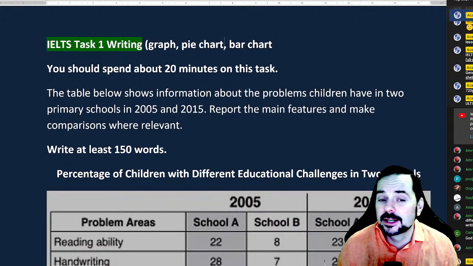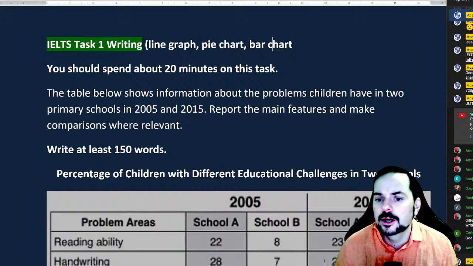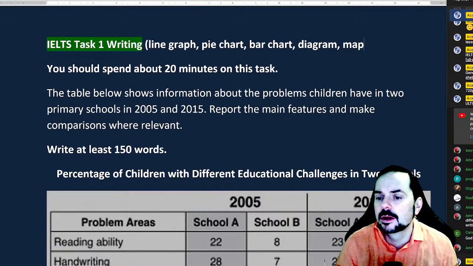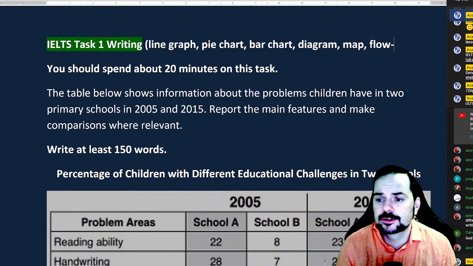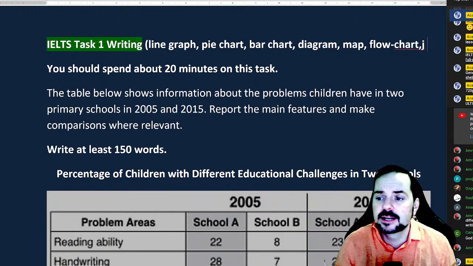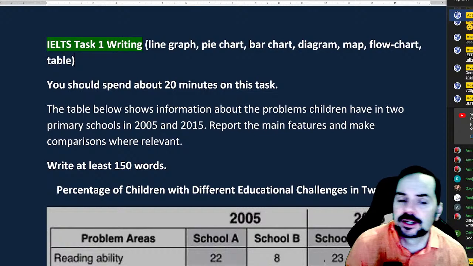It could be a line graph. It could be some kind of a diagram or a map. It could be a flow chart. Less common, but I've seen it. Or it can be a table, like what we have here today.